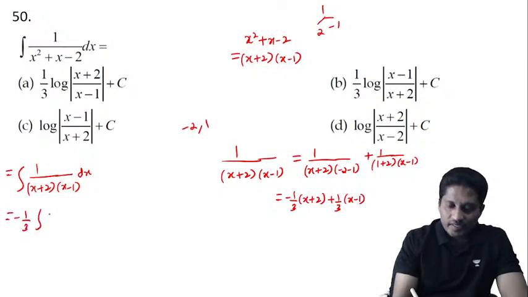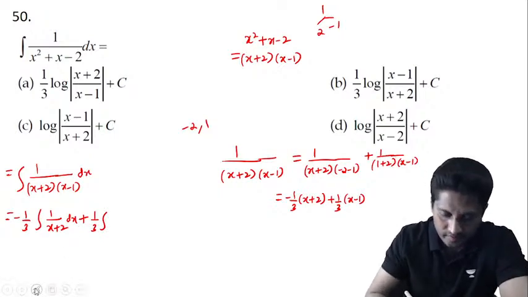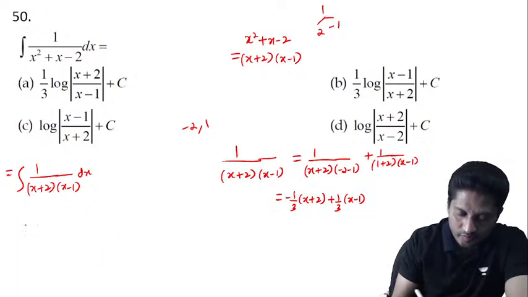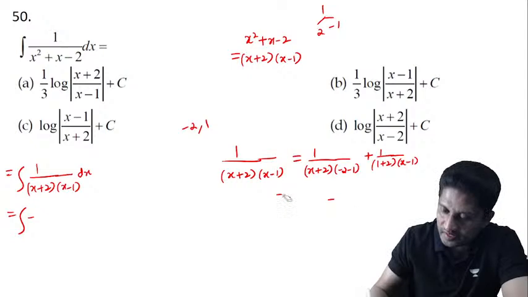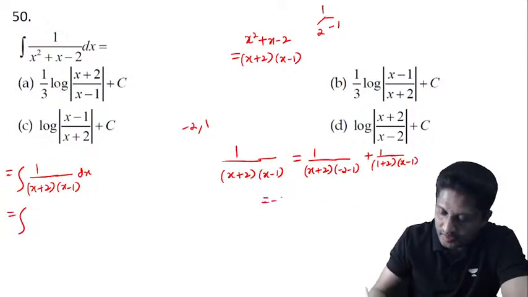So this is minus 1 by 3, 1 divided by x plus 2 dx, and then this is plus 1 by 3. If I resolve into partial fractions and simplify, this is minus 1 by 3, 1 divided by x plus 2, and then plus 1 by 3 and 1 divided by x minus 1.